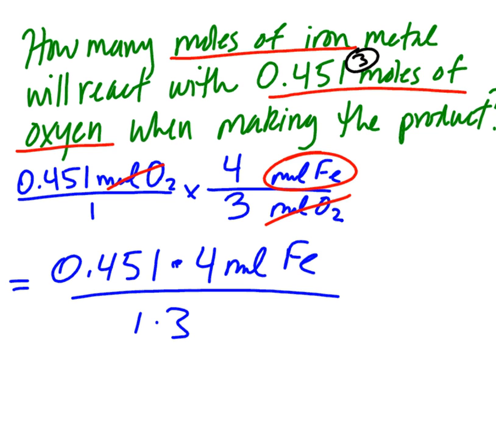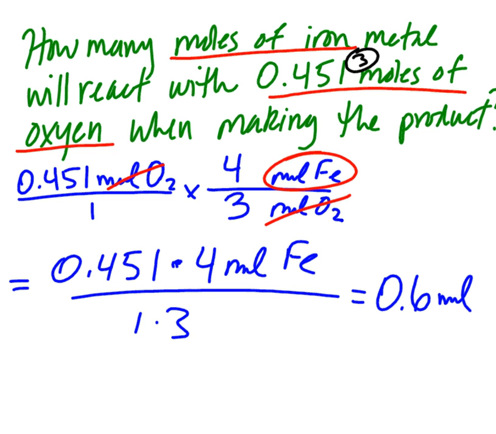I do the math, 0.451 times 4. Remember, we need to maintain our sig figs throughout. So that's 1.80. 1.80 divided by 3 equals 0.6. You don't have to add in the extra zeros, you can just go 0.6 moles.